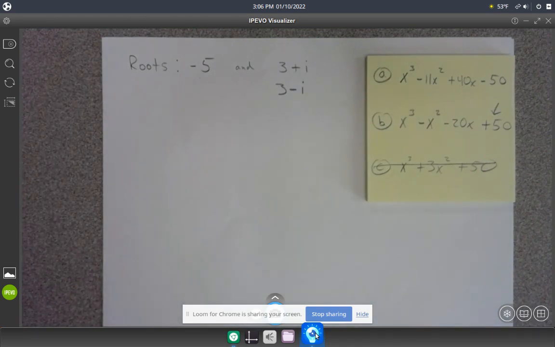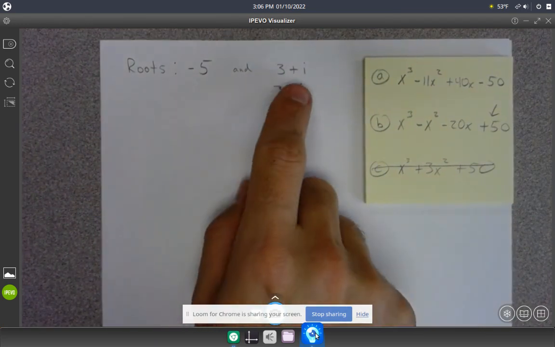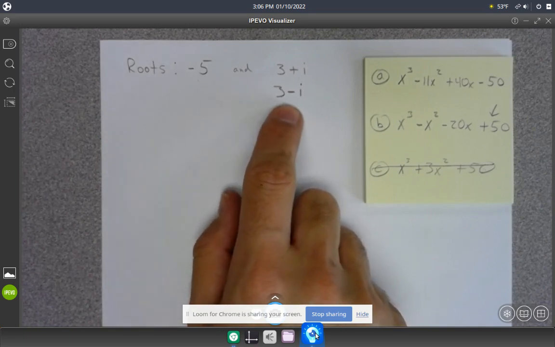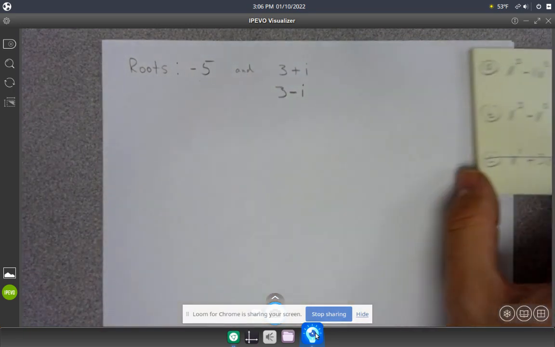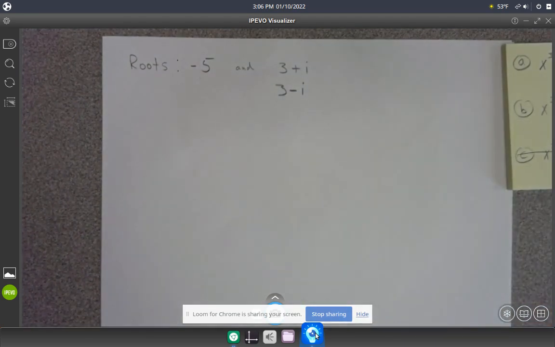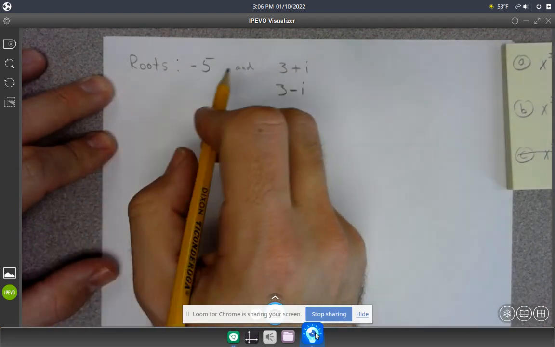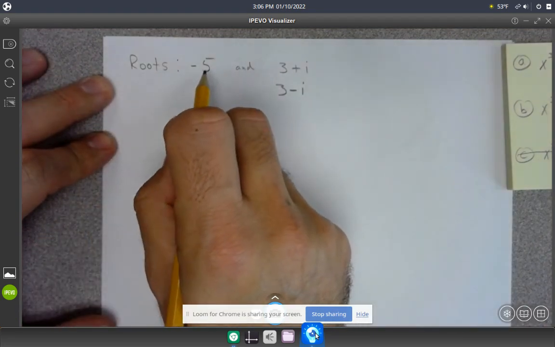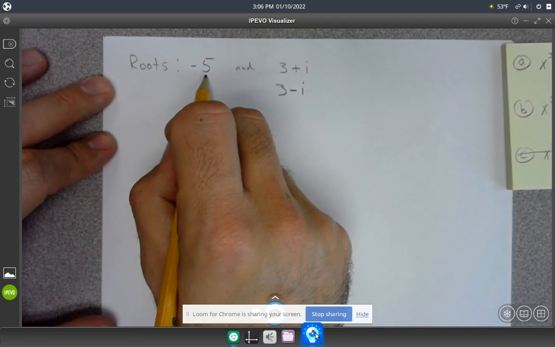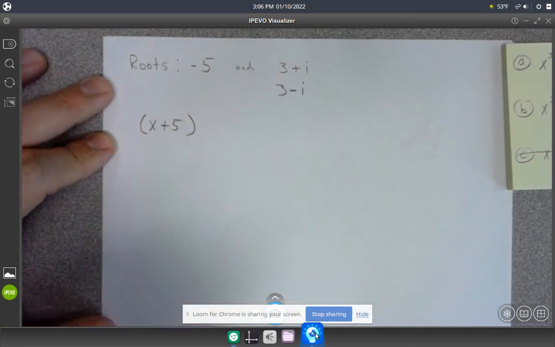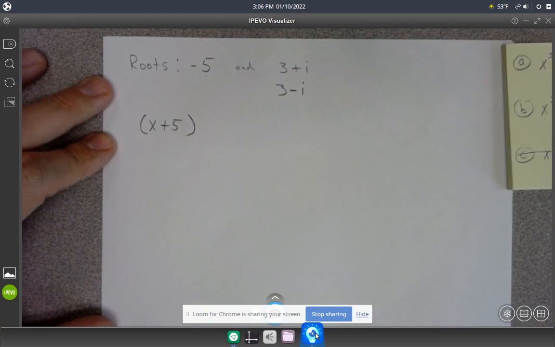All right. The way you would figure this out by hand is going to be similar to last time. Like the setup is identical. You figure out what your other complex root is, and then you're going to write it in factored form. But multiplying it out is going to be quite the chore. So the factors. If -5 is a solution, then x plus 5 is the factor that corresponds to that.